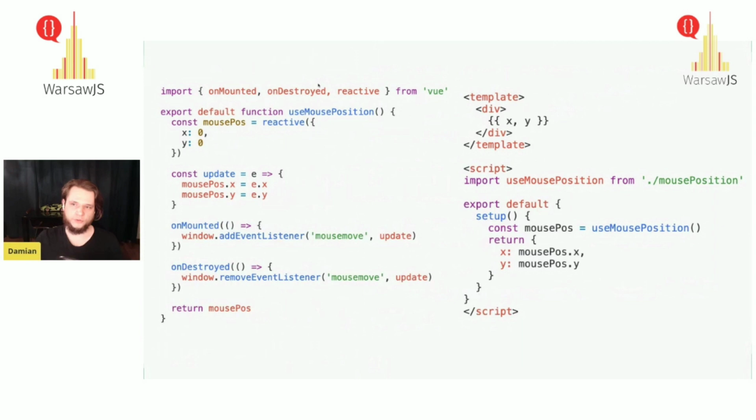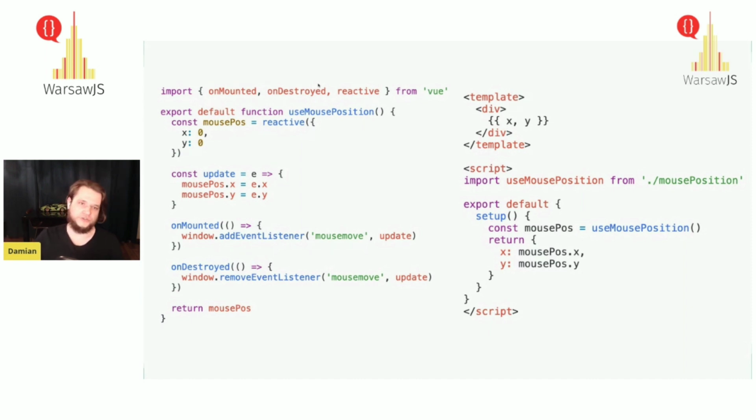Later on, if you want to use that piece of functionality in your component, all you need to do is import that function, call it, and pass any argument that you want, like any refs that you created in setup, and then return whatever value you want to expose on the template.